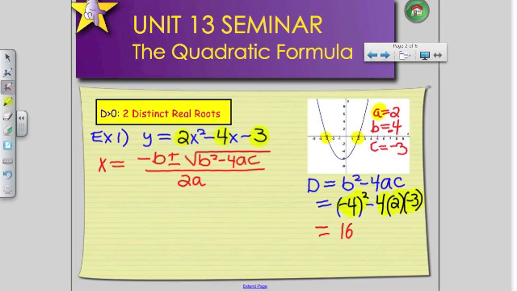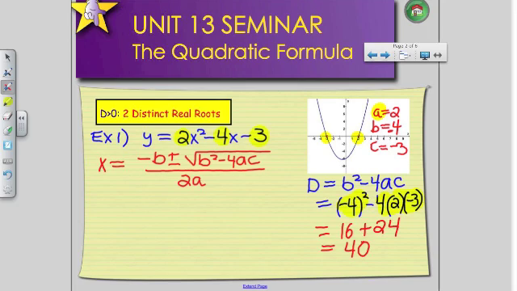And if I multiply -4 times 2, that's -8, times -3 is going to give me positive 24. So when we combine those two values, 16 plus 24 is going to give me a discriminant value of 40.